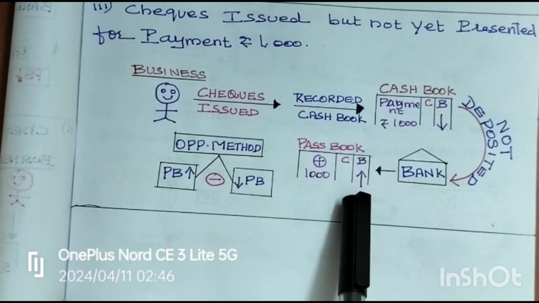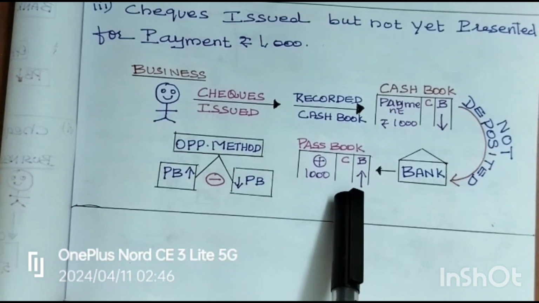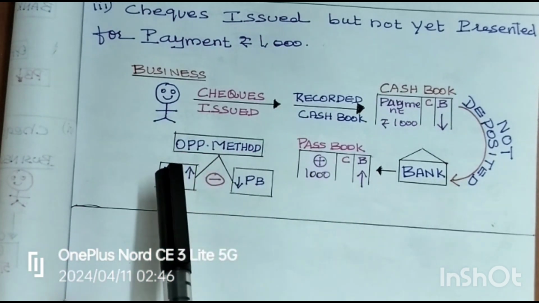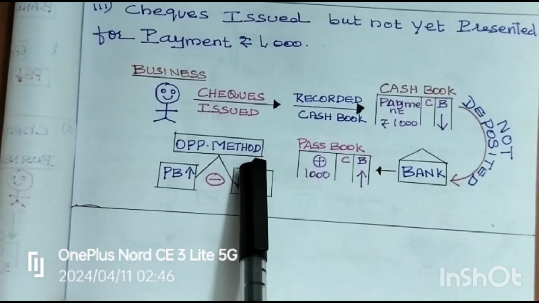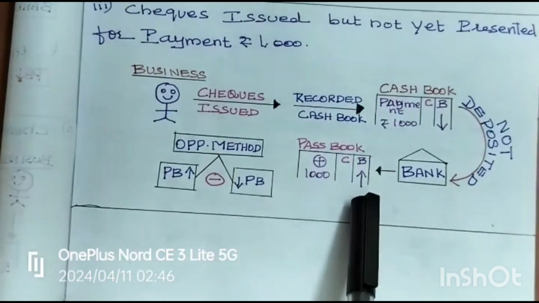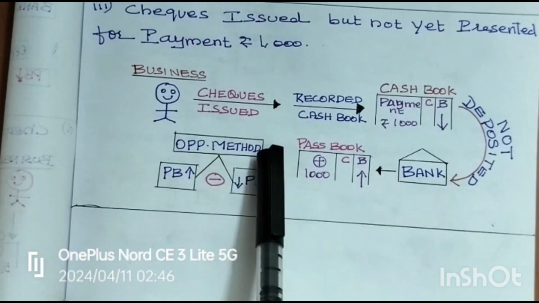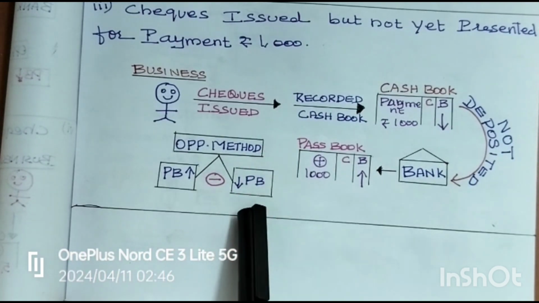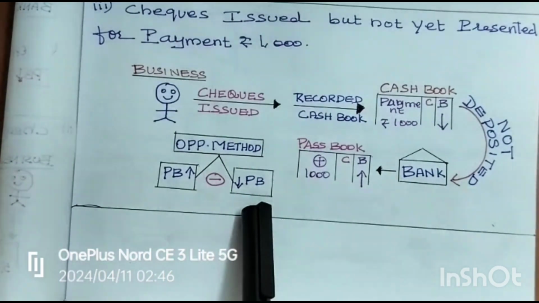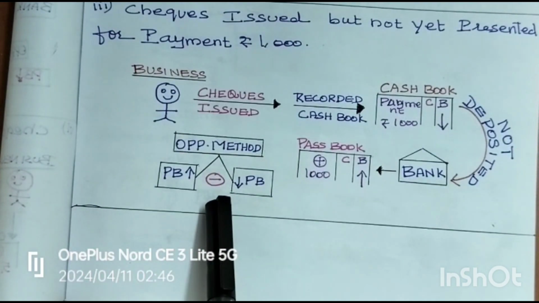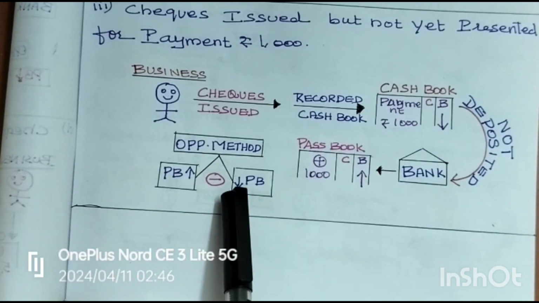Do you understand? Okay. So here we follow the opposite method. Whenever passbook increases, in opposite method it is to be decreased. So this transaction will be subtracted.